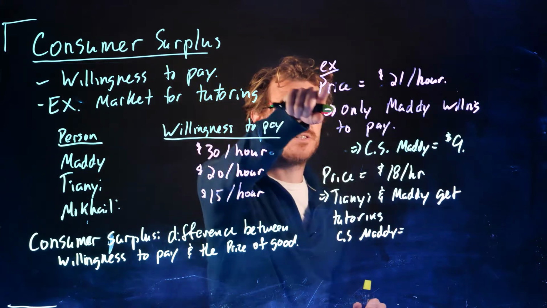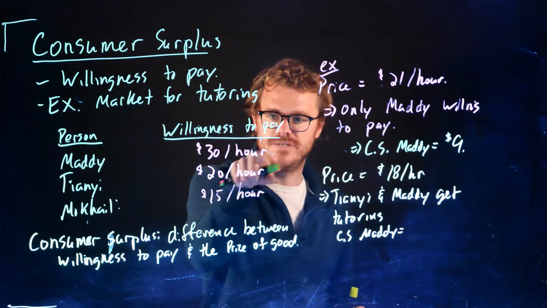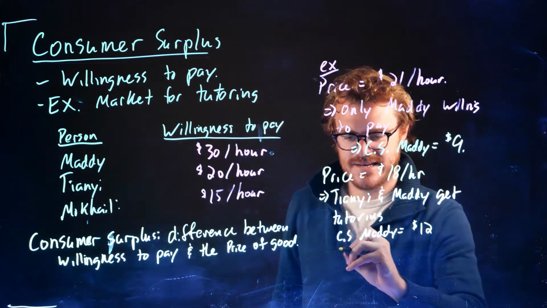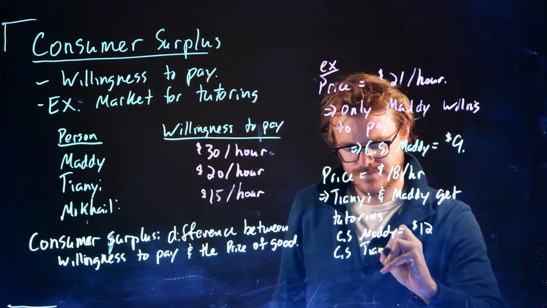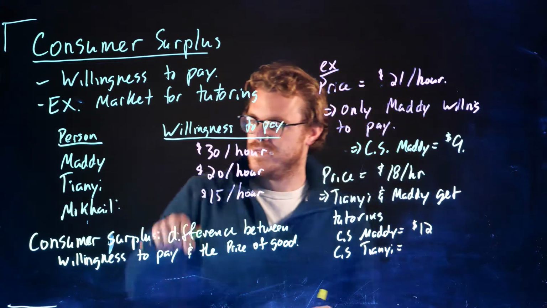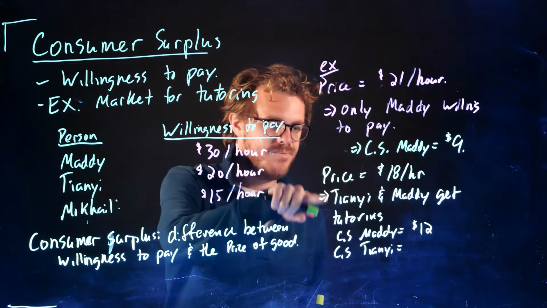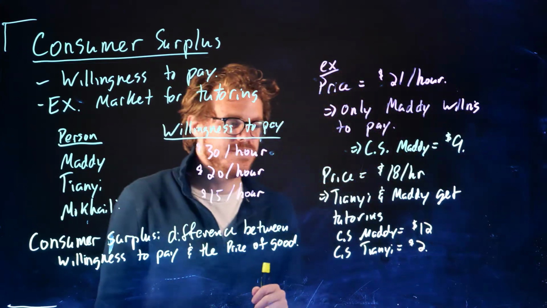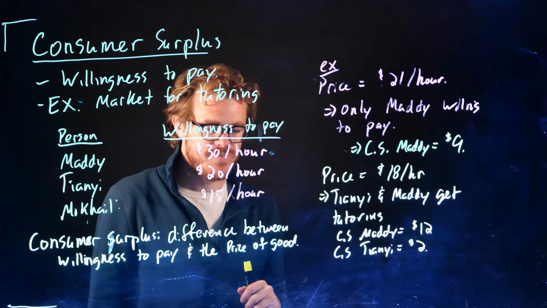Used to be $9 at this price of $21. Well, now she's getting $12 of consumer surplus. And Tianyi, they're willing to pay 20, they pay 18. So they have $2 in consumer surplus.